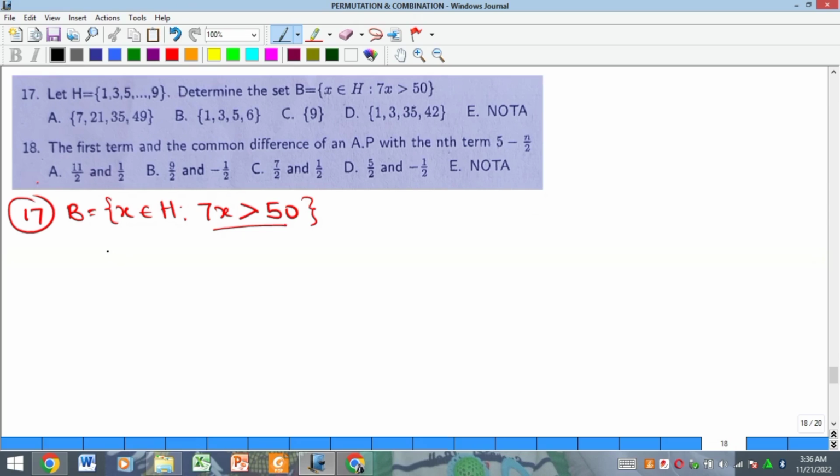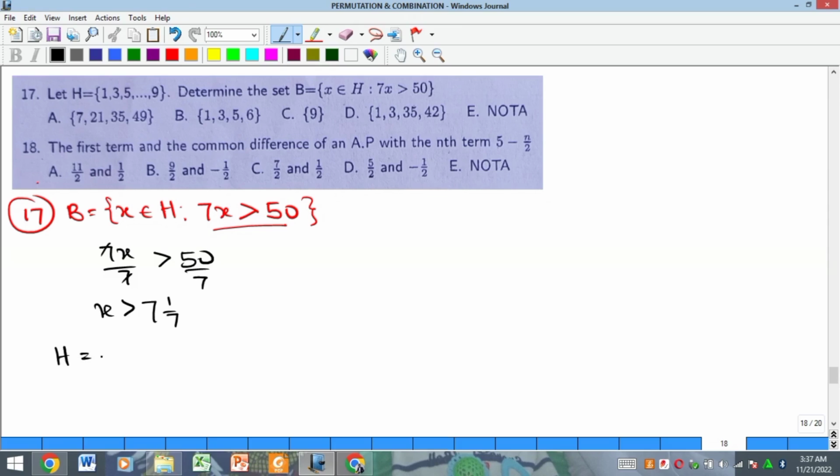We divide both sides by 7. If you divide both sides by 7, we'll have that our x must be greater than 50 over 7, which is 7 whole number 1 over 7. So something greater than 7, 8, 9, and all of that. Okay, so we come back to H to check. Meanwhile, what is our H?